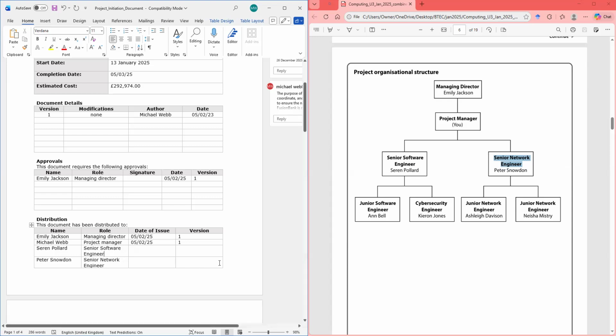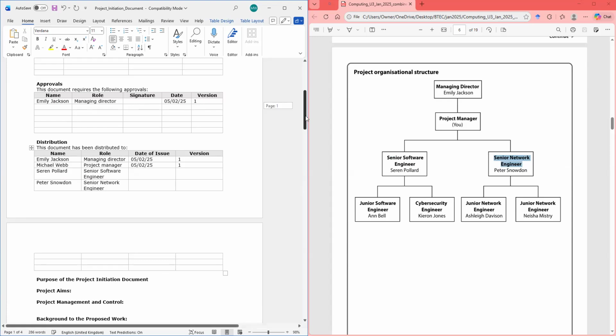All right. And we also need to distribute to our network engineer team.